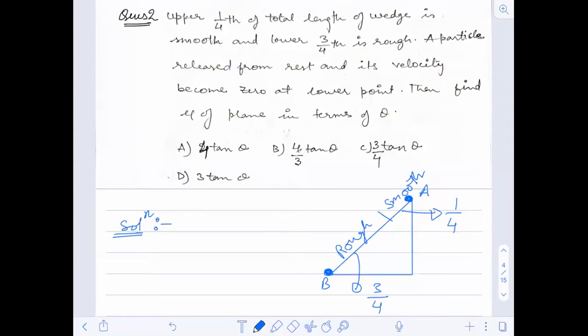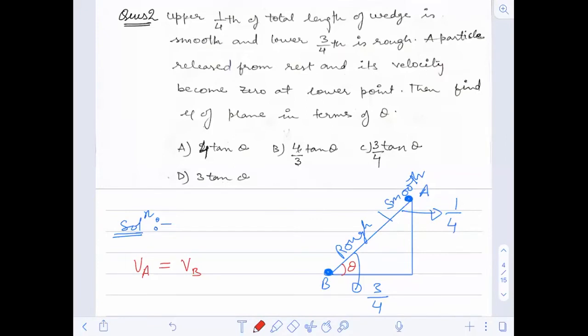Okay, mu of the plane in terms of theta. So actually theta is also not given to me, and mu we have to calculate in terms of theta. So let us assume that this incline is at angle theta. And what I can say actually is that VA is equal to VB. The velocity is the same.